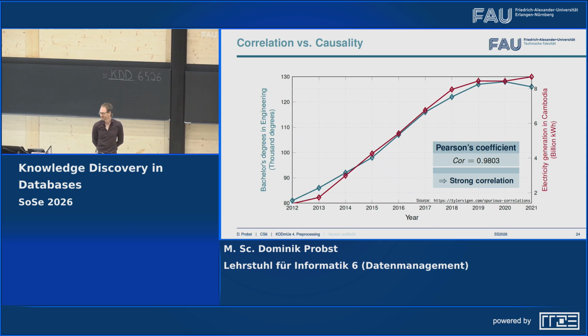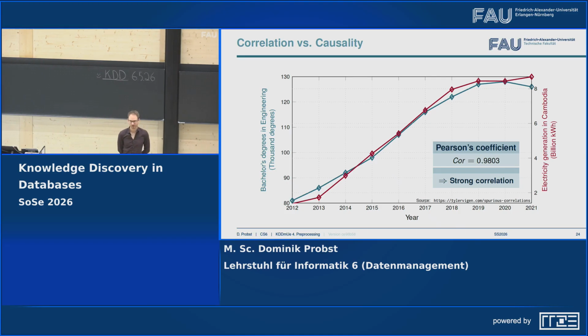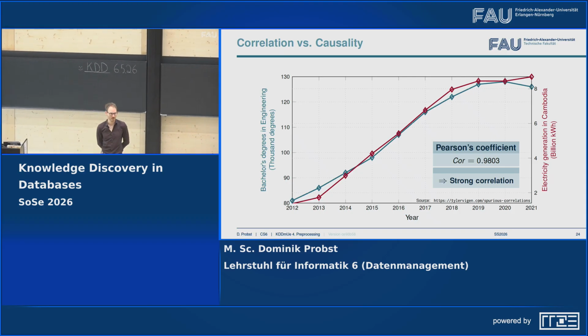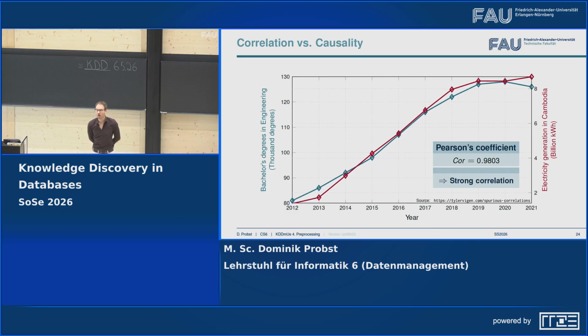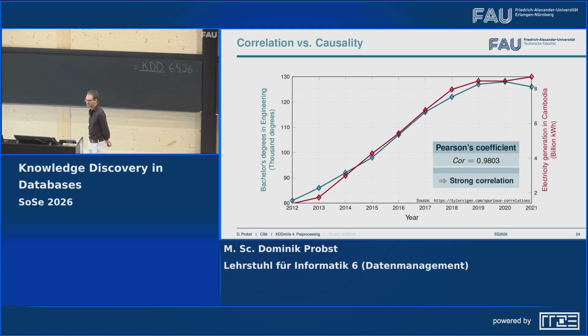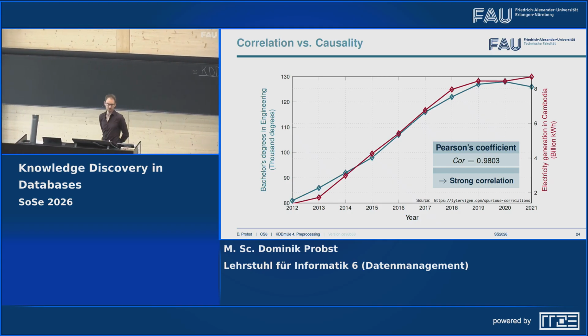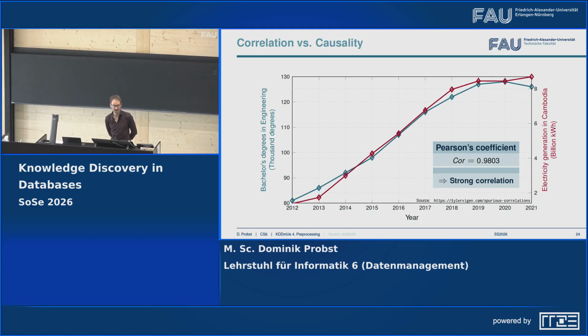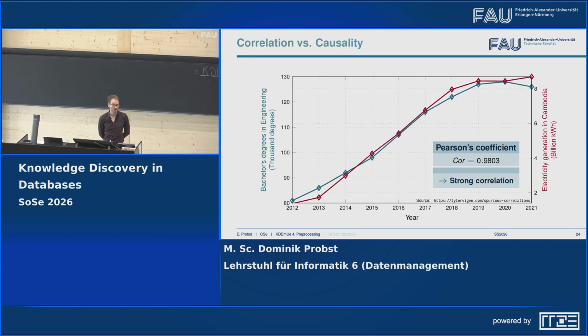I don't think that someone doing a bachelor degree in engineering leads to higher electricity generation in Cambodia, and the other way around. So only because we have a high correlation, it doesn't mean that there's causation between two attributes. That's pretty important to know.